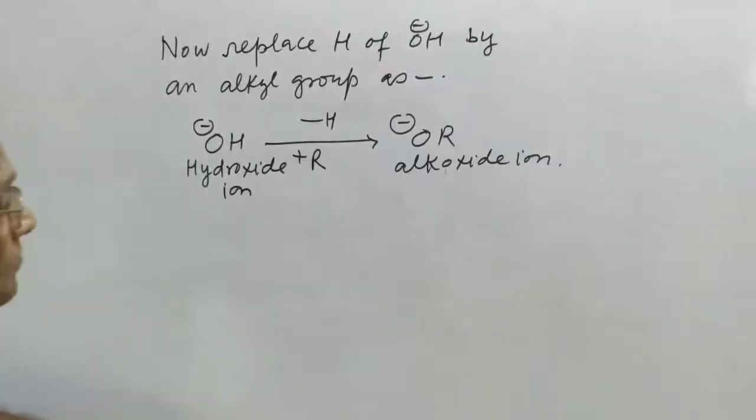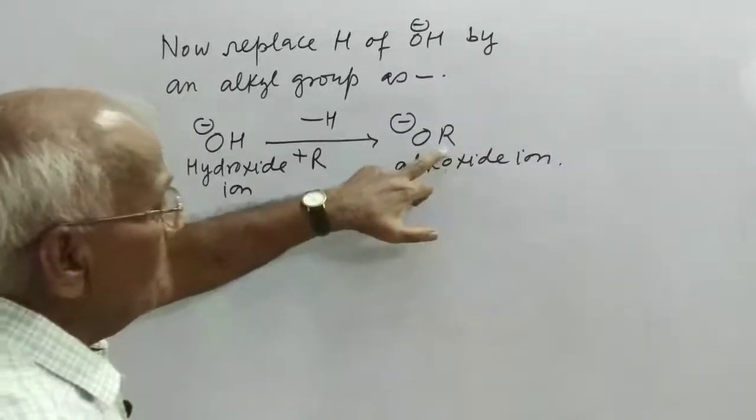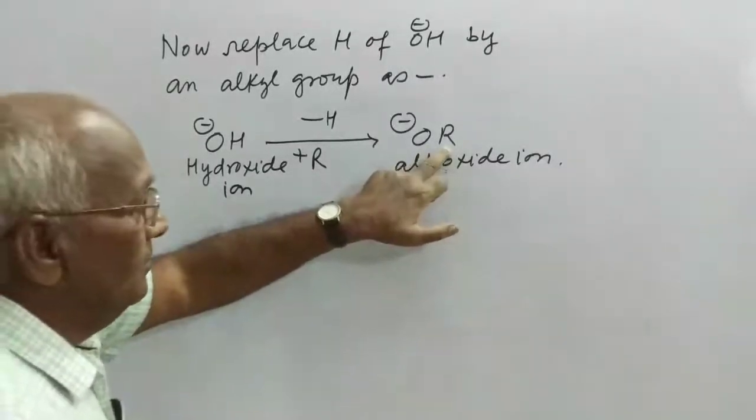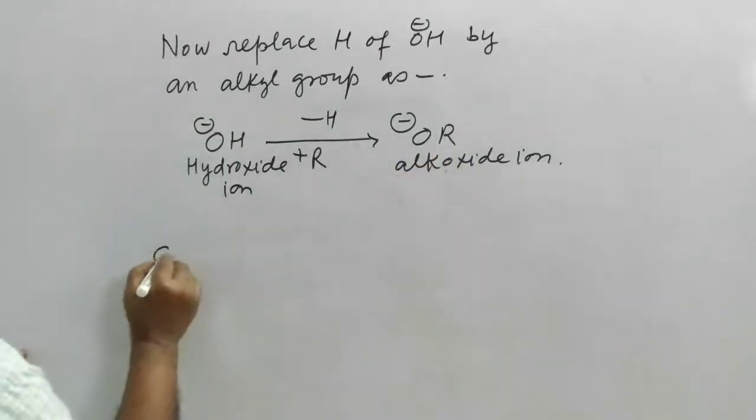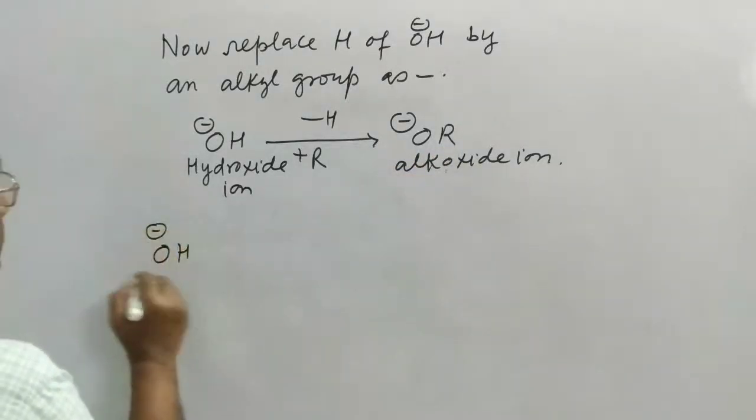Now you go on writing different alkyl groups. You start just from the parent OH.